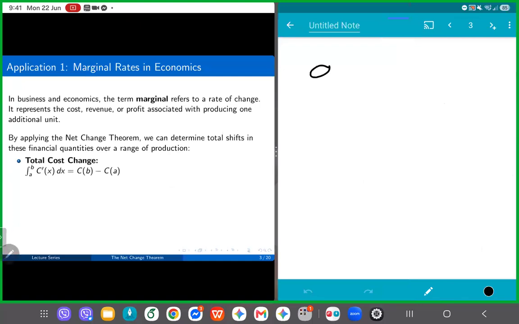If I am producing 100 units now, and then after, say, several months of operation, I am planning to increase the production to 150 units.